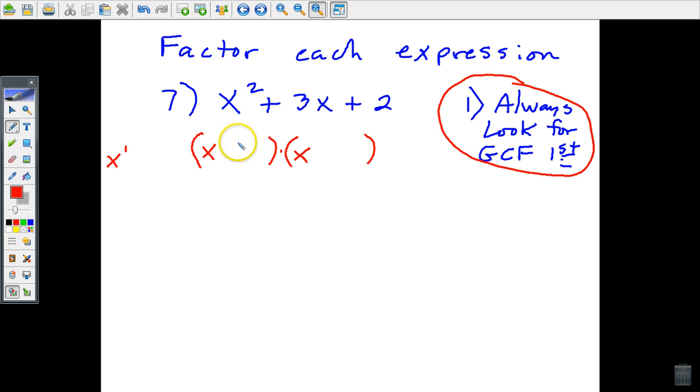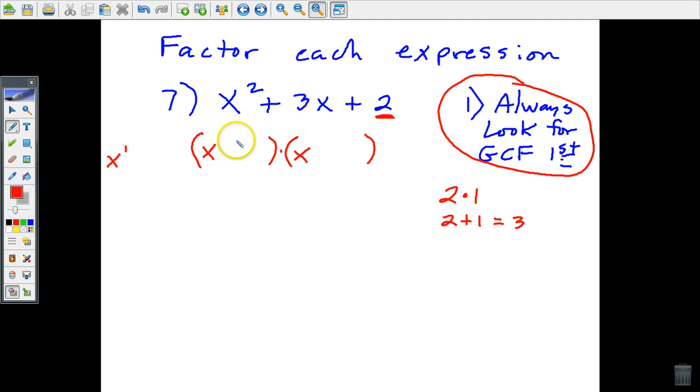So the way I'm going to get the other parts of the binomial is I'm going to look at this last number, 2, and just think about all of the factors of 2. Well, there's only one pair of numbers that are factors of 2, so it makes this problem pretty easy. I'm looking for the factors of 2 that also add up to 3. Well, these two factors of 2 also add up to 3.